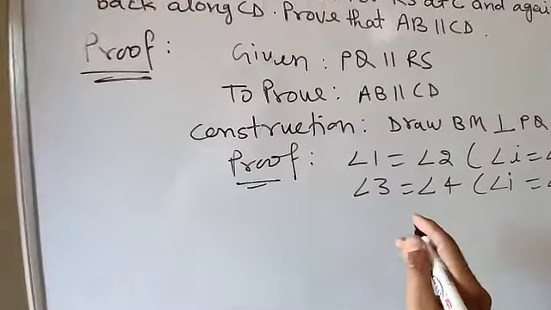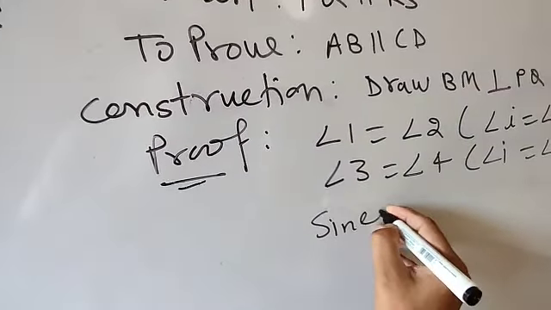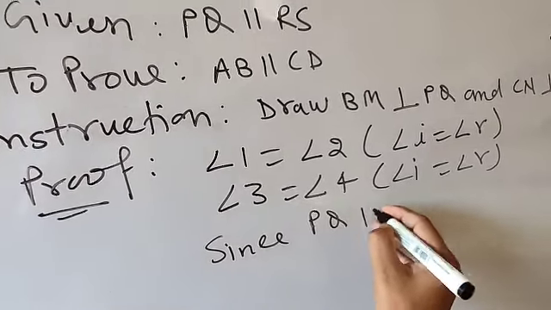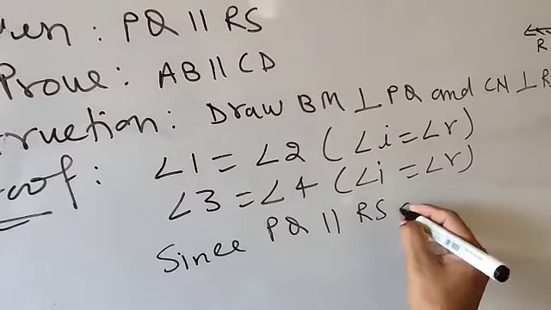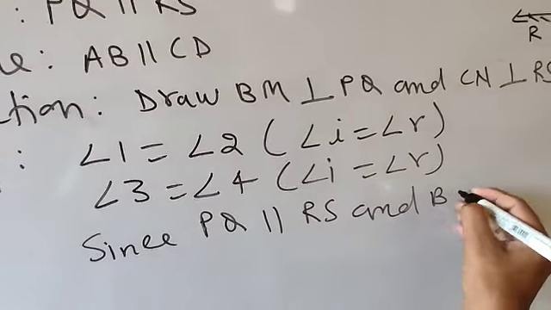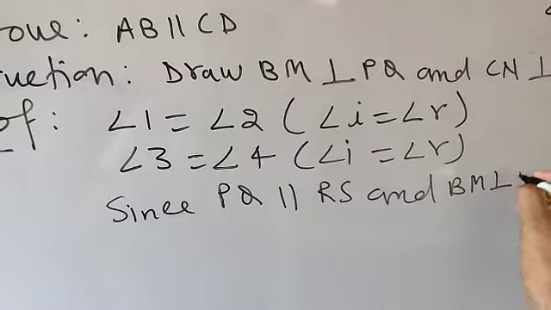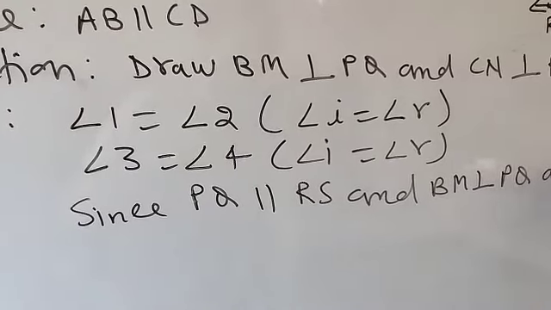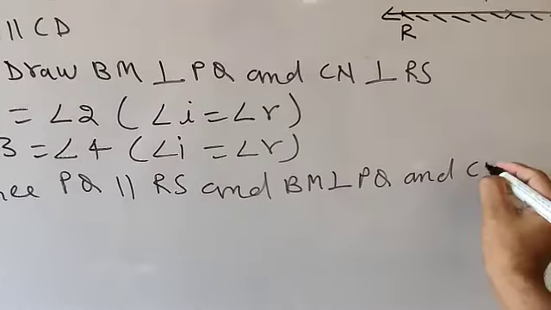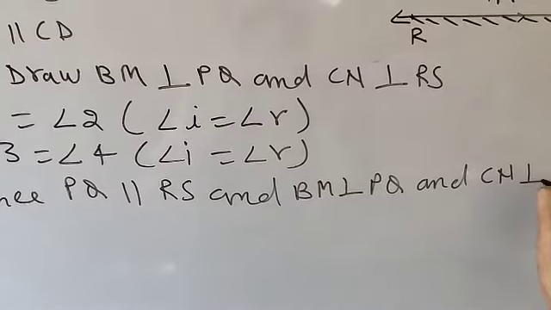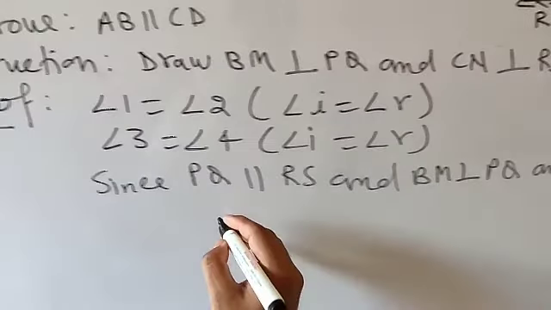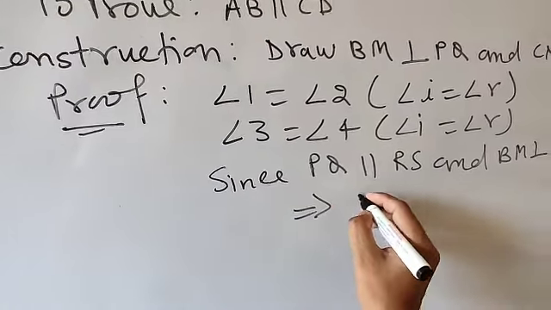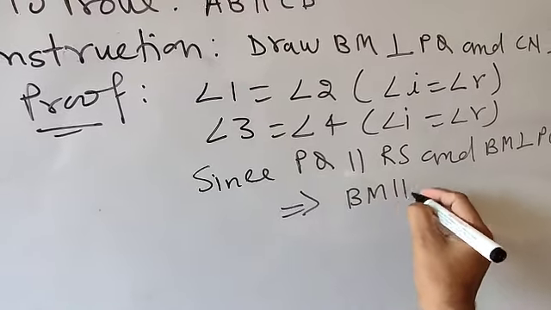Now students, since PQ is parallel to RS and BM is perpendicular to PQ and CN is perpendicular to RS, it shows that BM is parallel to CN.